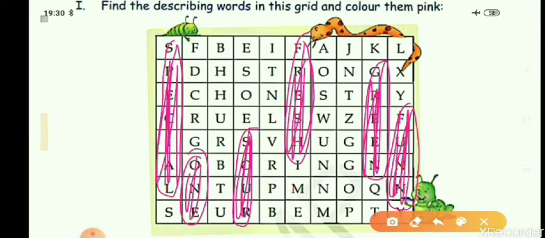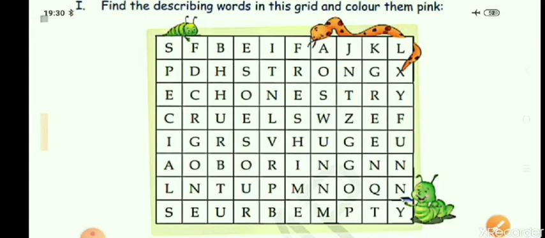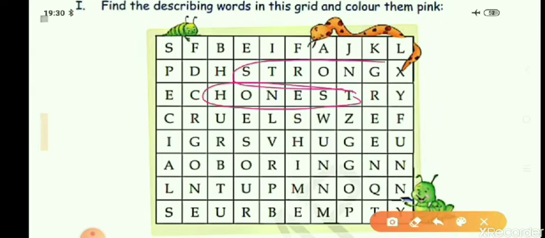Now let's see across. Second line, strong. Then we have honest. Then we have cruel.